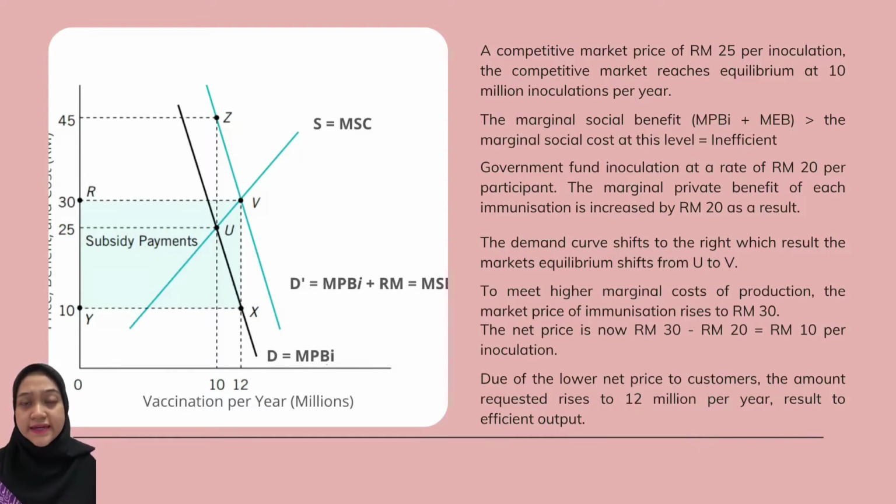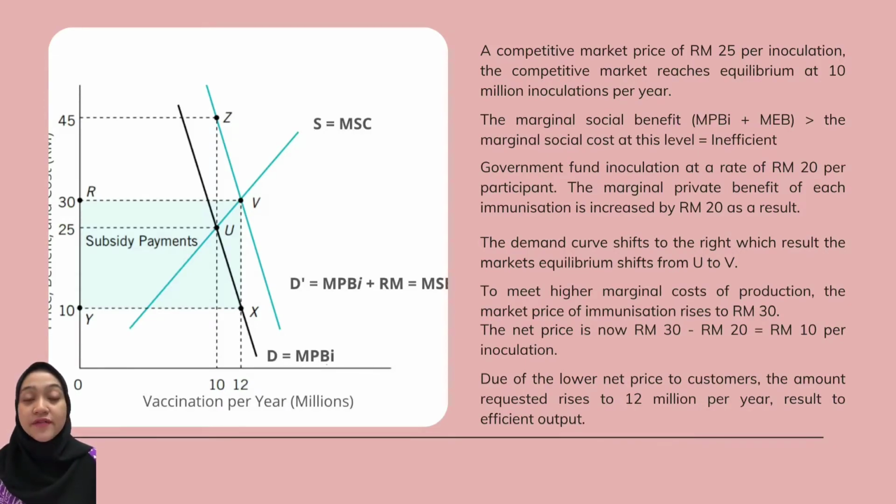However, suppose the government subsidizes 20 ringgit Malaysia per person. This subsidy adds 20 ringgit Malaysia to the marginal private benefit of each inoculation. As the demand for inoculation increases, the demand curve shifts to the right. Thus, the market equilibrium moves from point U to point V.